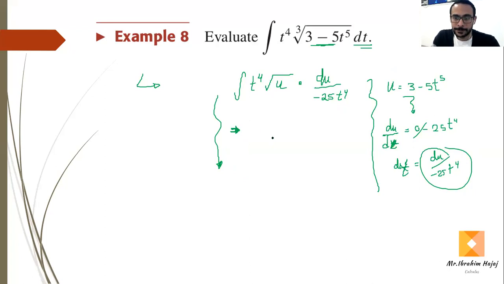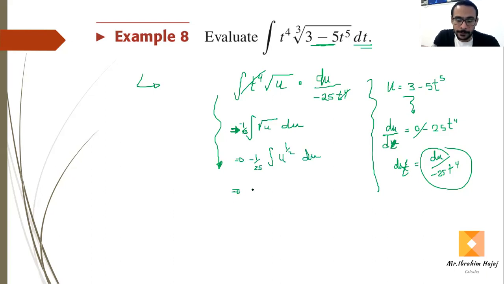We take out the negative 1 over 25 and put it outside. Before, t to the power of 4 cancelled out, so we have root u with negative 1 over 25 outside. Root u is u to the power of 1 over 2, du.